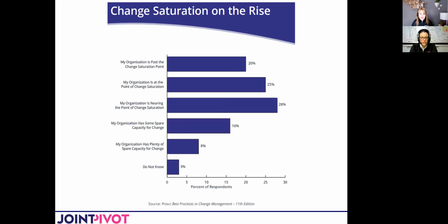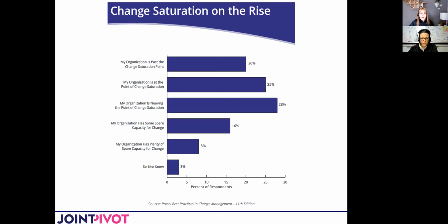We need to make sure our change management messages are effective and not just at the end of the change. Our changes need to be communicated as they are happening, not just at the very end. So we've got to prep people a little bit more, give them a little more runway.